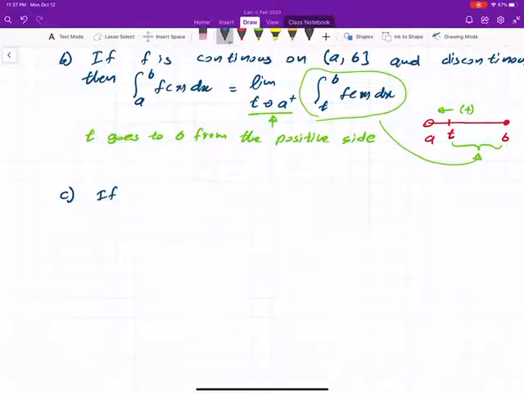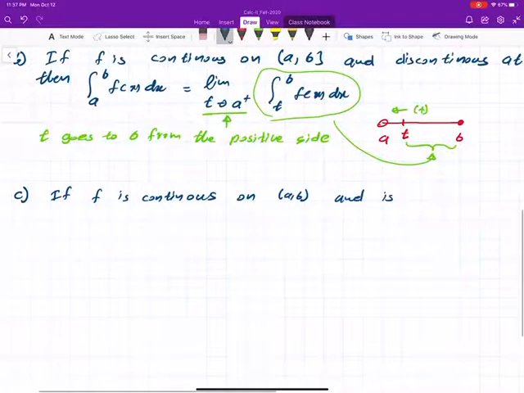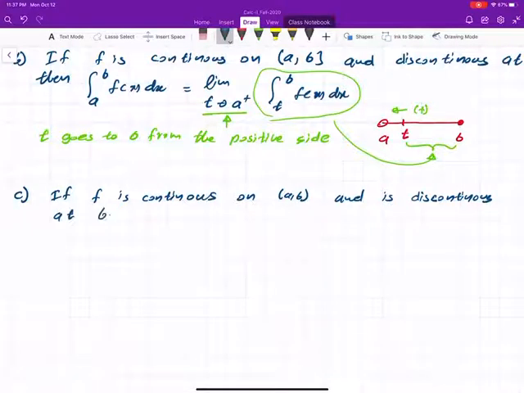If f is continuous on AB and is discontinuous at both A and B. Now it's discontinuous at two places.